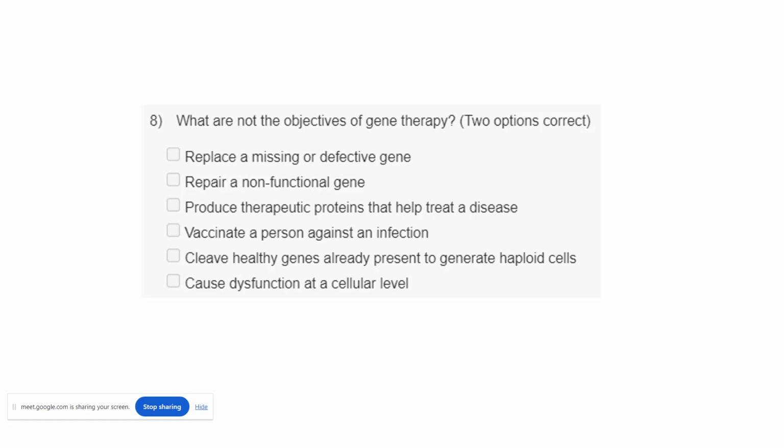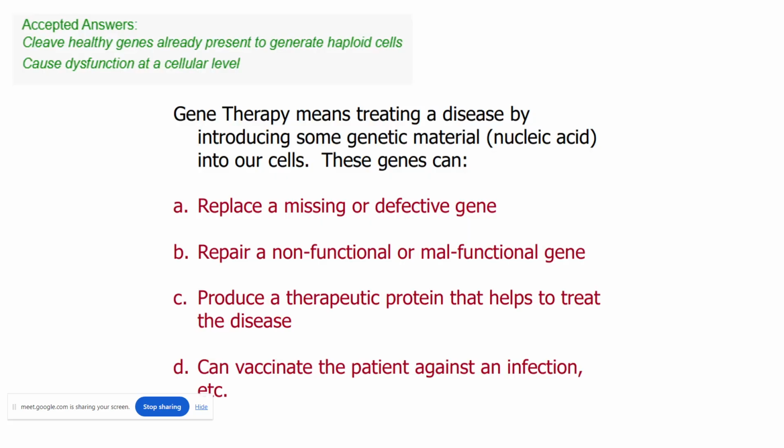If there is an infection and you vaccinate a person for that infection, that is also an objective of gene therapy. And the rest of the options as well, like replacing a missing or defective gene and repairing a non-functional gene. All of these are objectives of gene therapy, but it does not lead to cleaving of healthy genes which are already present to generate haploid cells or to cause any dysfunction at a cellular level.